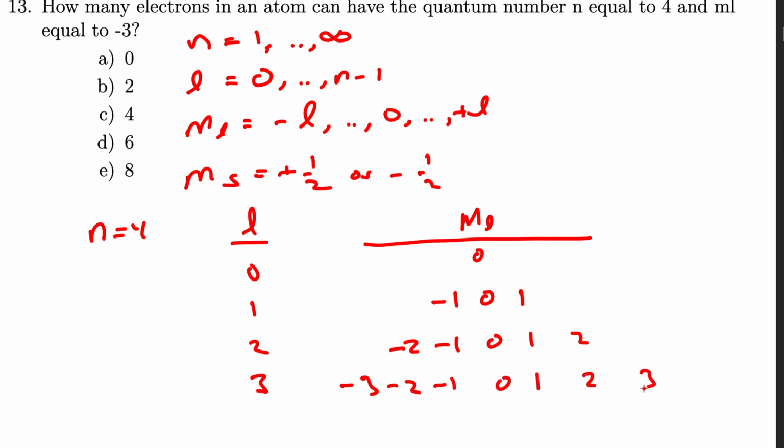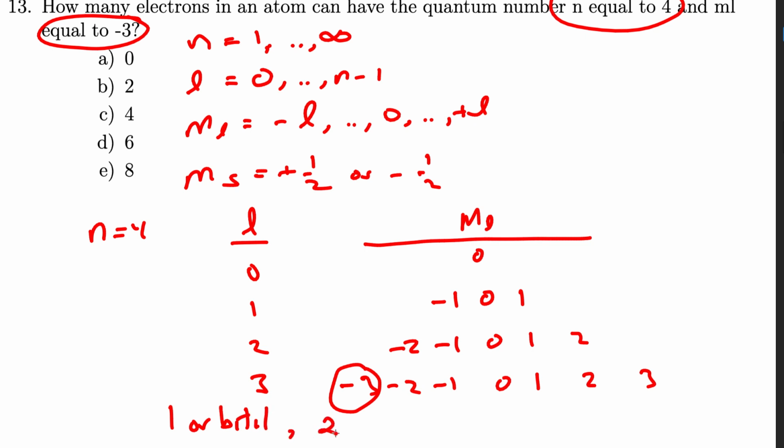So it's asking us when n equals 4 and m sub L equals minus 3. We get one orbital, and that would give us a maximum of 2 electrons. Maximum of 2 electrons per orbital, one with m sub s plus 1/2, one with m sub s minus 1/2.